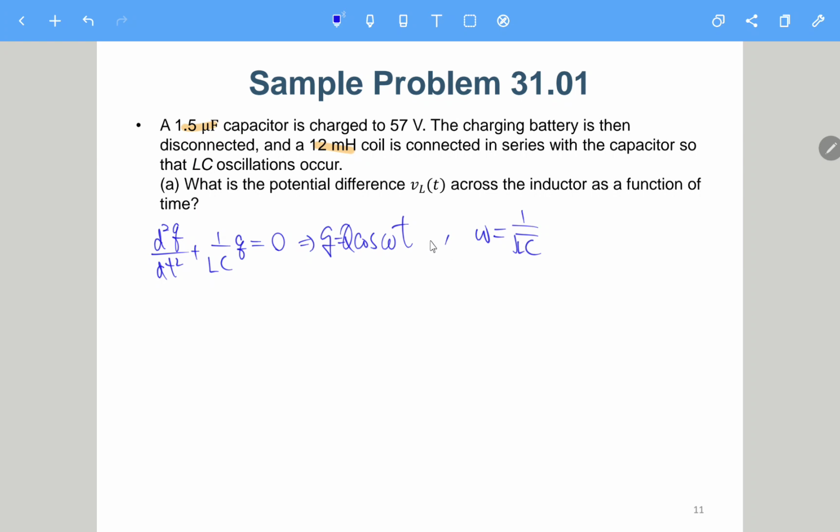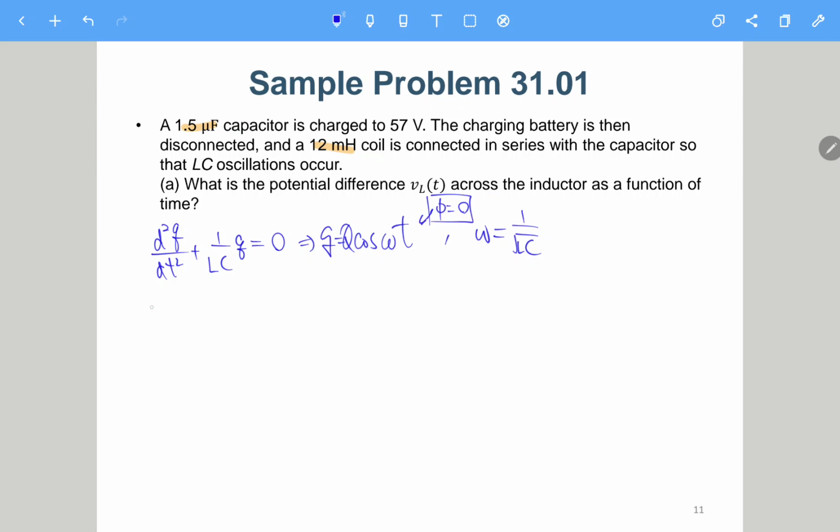We just skip the phi there, since phi is not that important here. So here we just make phi equal to 0. You can usually find a reference point to do that.